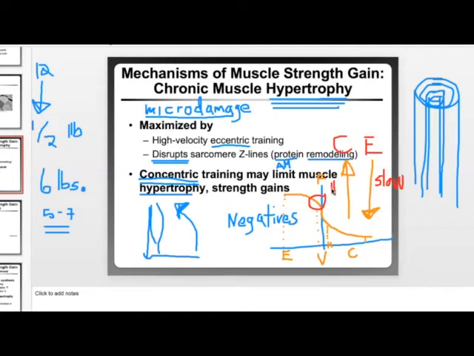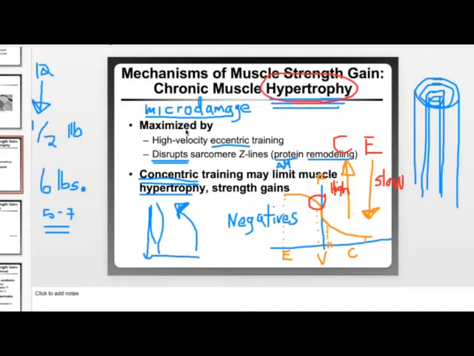So you want to go high speed concentric contractions, all right, and you want to go low speed eccentric muscle contractions. That's why your trainer will say go up fast and down slow. Up fast and down slow, especially if they're trying to promote muscle hypertrophy.